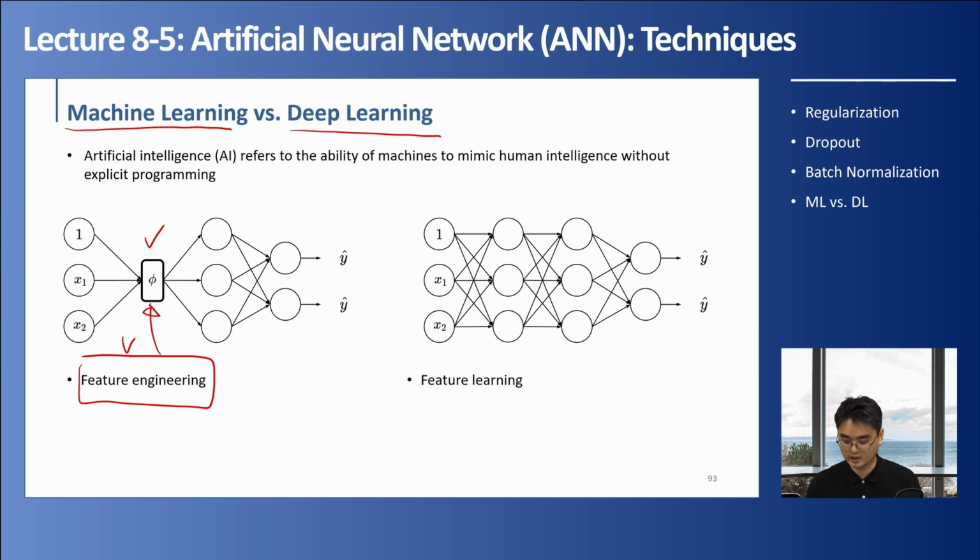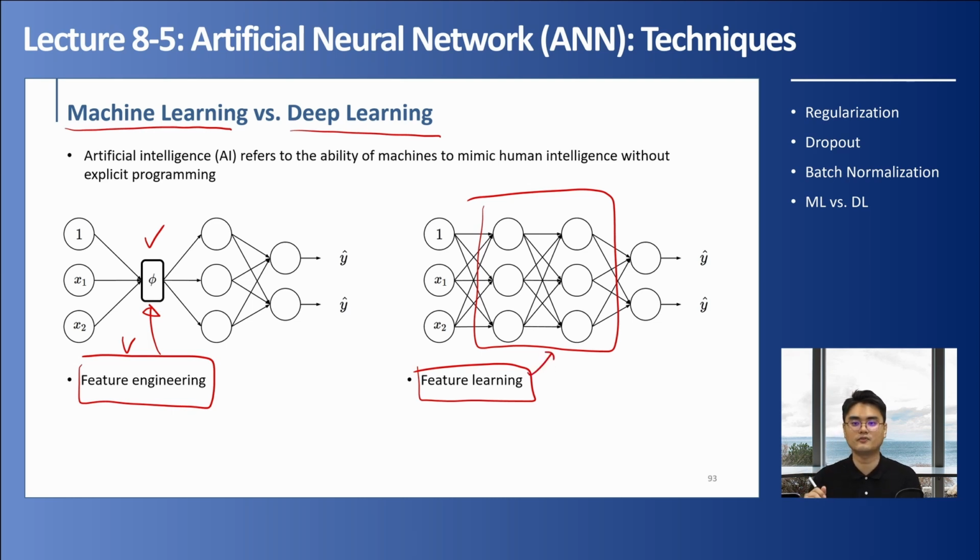However, in deep learning, we are letting our neural network model learn the features itself. So this is feature learning. The network is extracting the features by itself and doing classification and regression, which is different from this one. When we're doing feature engineering, we provide the information of the feature. For example, this feature contains some sine function, or this feature contains some cosine function, or anything else.